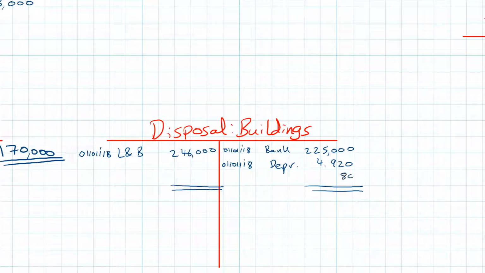So 80, 29, 16, yeah, 16,080 P&L. So it's not as big a loss as we had. But don't forget the P&L.